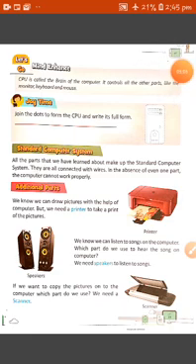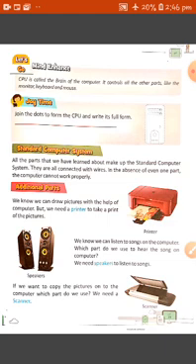Yes, we can draw pictures with the help of a computer, but we need a printer to take a print of a picture. So, a printer is a device that helps you to print on paper what you see on the computer.